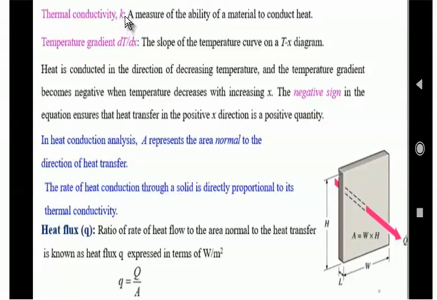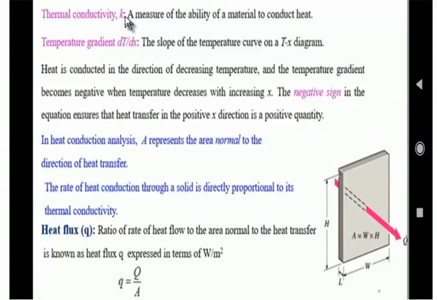If the material has more thermal conductivity, that is, the value of K is more, that gives us more heat transfer rate. If the material has a higher thermal conductivity value, it gives us a higher rate of heat transfer.